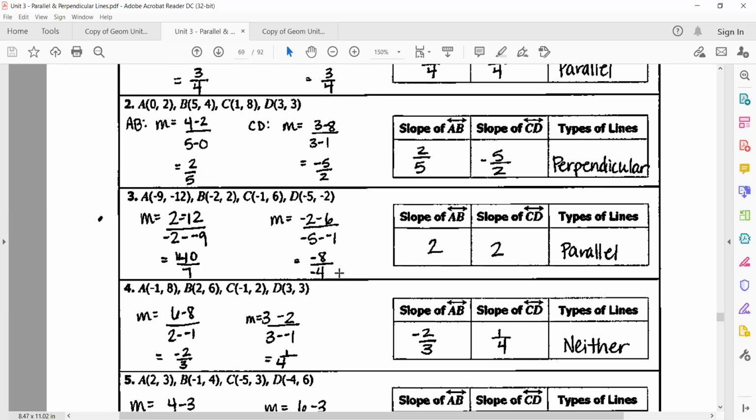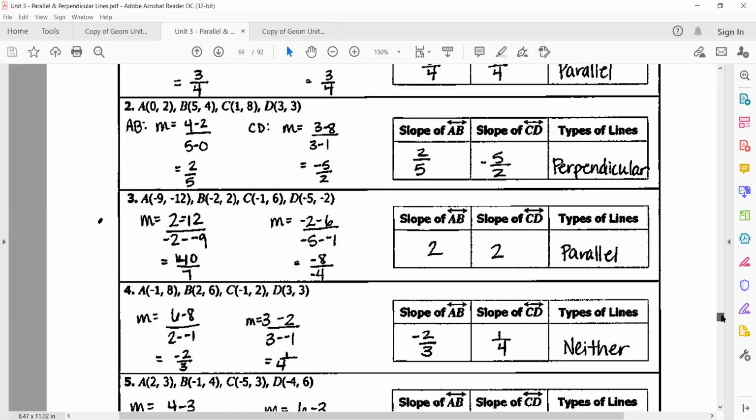Well, you might think that if you didn't reduce them, but because both of these reduce to 2, right? Again, fractions, look at reducing them anytime you see fractions. Here's the one we just did, number 4. We got -2/3 on the first one and 1/4 for the second one, rise of 1/4, rise and run. So they don't have a relationship that's either parallel or perpendicular. It's just 2 lines on a graph.